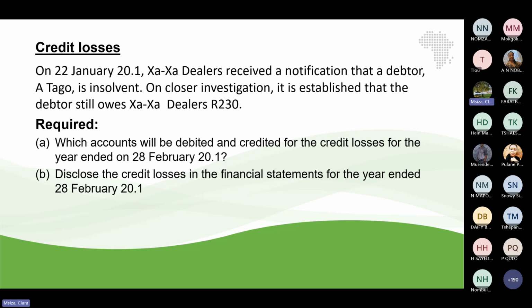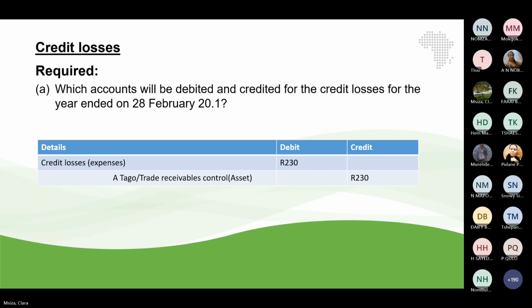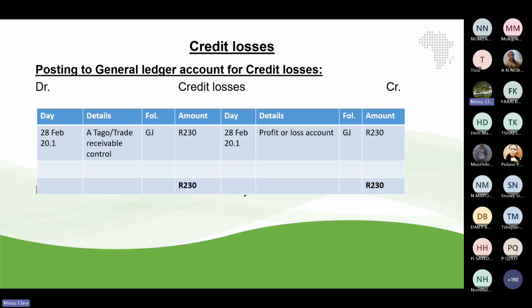So now which account will be debited and credited for the credit loss for the year ended 28 Feb 20.1? And how much? This is straightforward. Your credit loss is an expense, which increases on your debit side, and your asset decreases on the credit side.